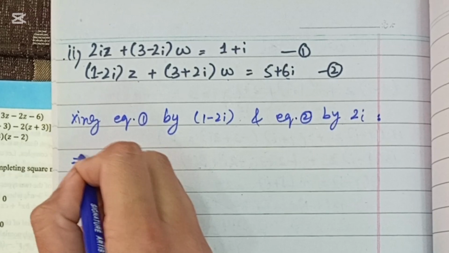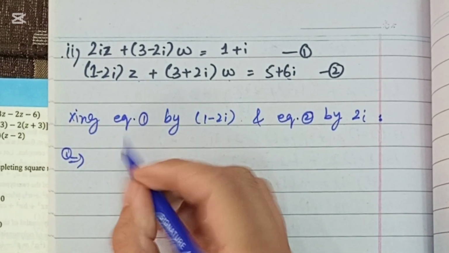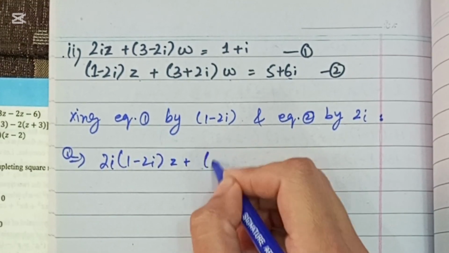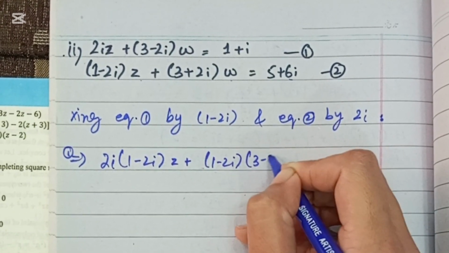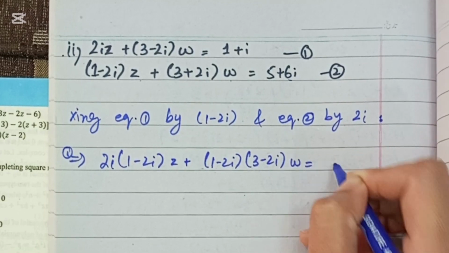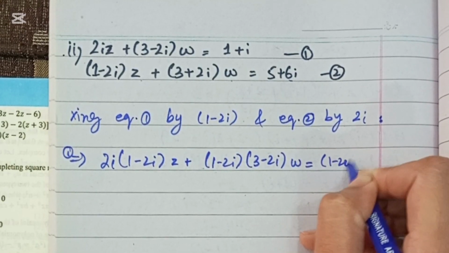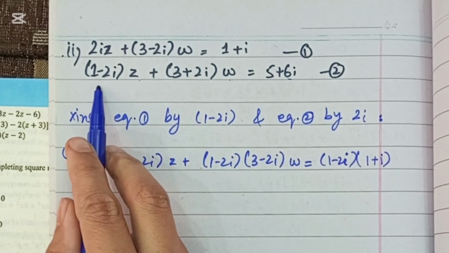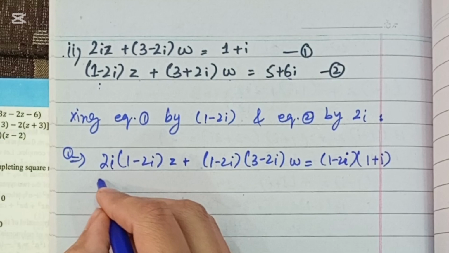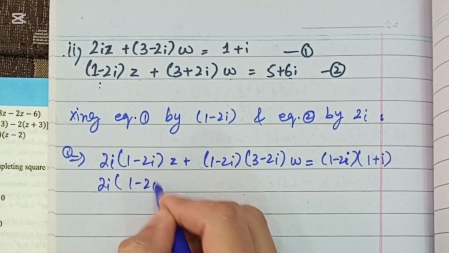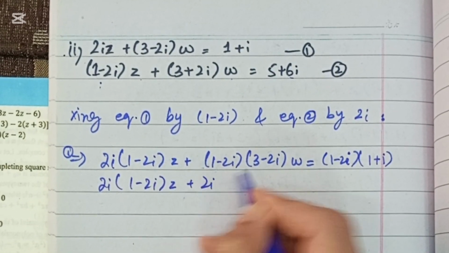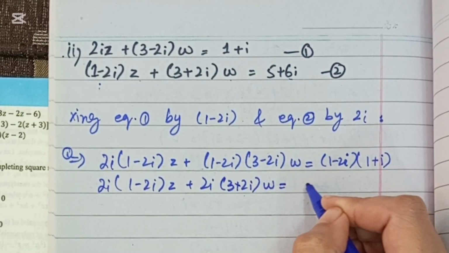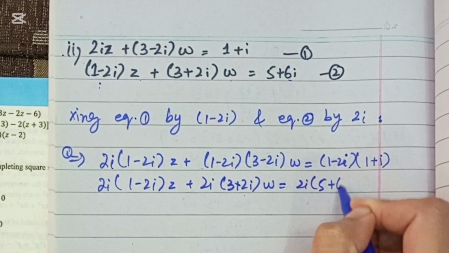Okay, so 1 will give us 2 iota into 1 minus 2 iota Z plus 1 minus 2 iota 3 minus 2 iota W equals to 1 minus 2 iota into 1 plus iota. And the second one will be multiplied with 2 iota. 2 iota 1 minus 2 iota Z plus 2 iota into 3 plus 2 iota W equals 2 iota into 5 plus 6 iota.